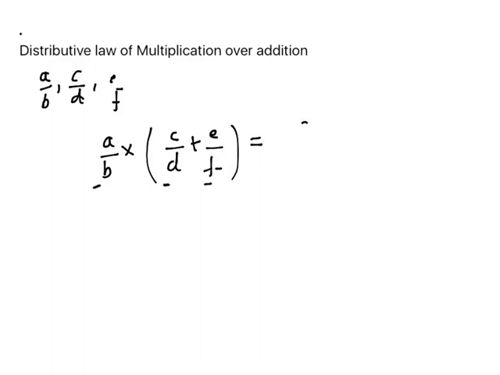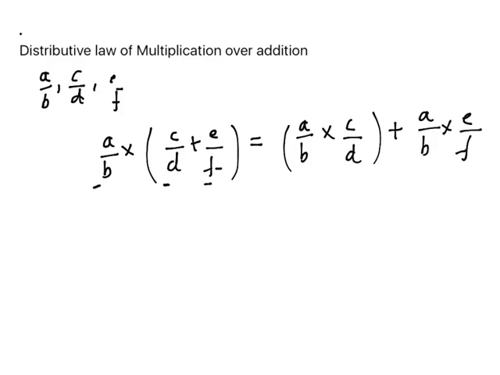So we can write it as a by b times c by d, plus a by b times e by f. This is the distributive law of multiplication over addition.